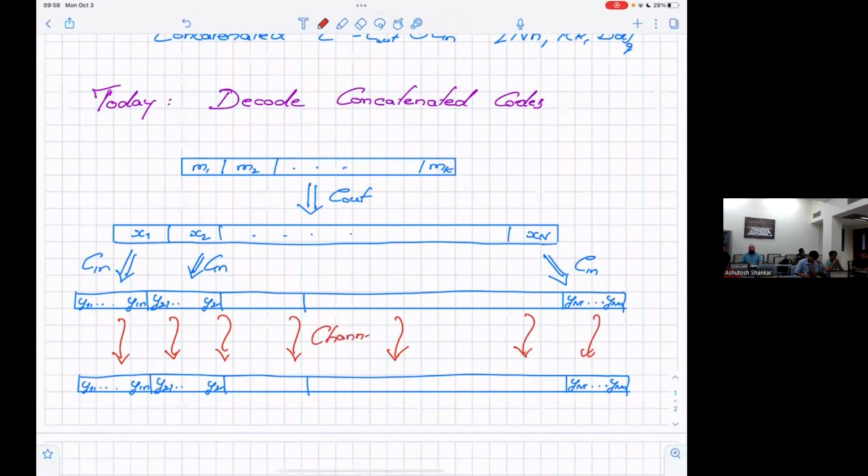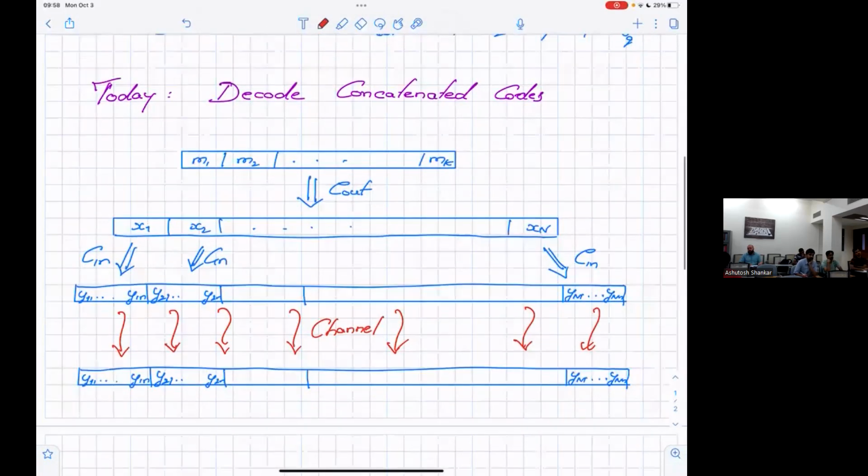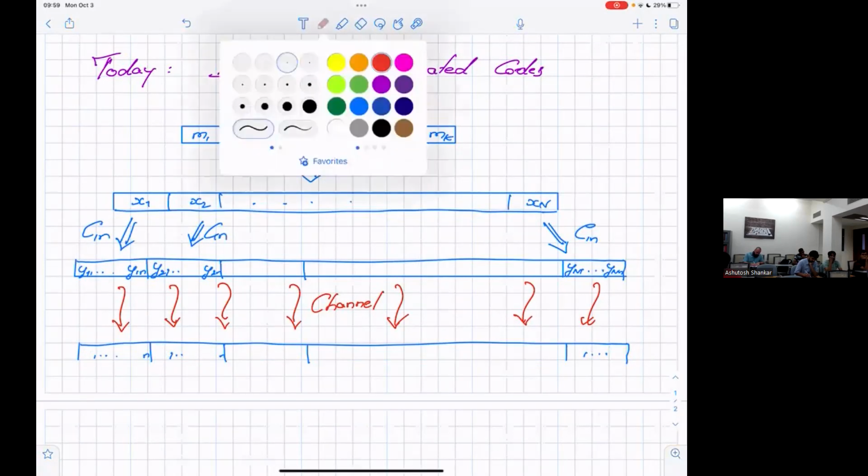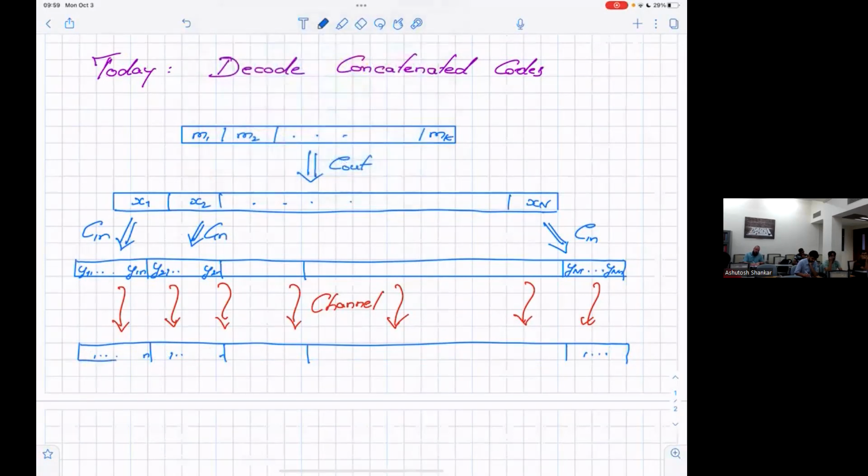This could be either Shannon's channel, which is randomized, or Hamming's channel, which has worst-case errors. And now what you have here is a received word: R11 through R1n, R21 through R2n, and so on, up to RN1 through RNn. Now, how would you expect to decode this?